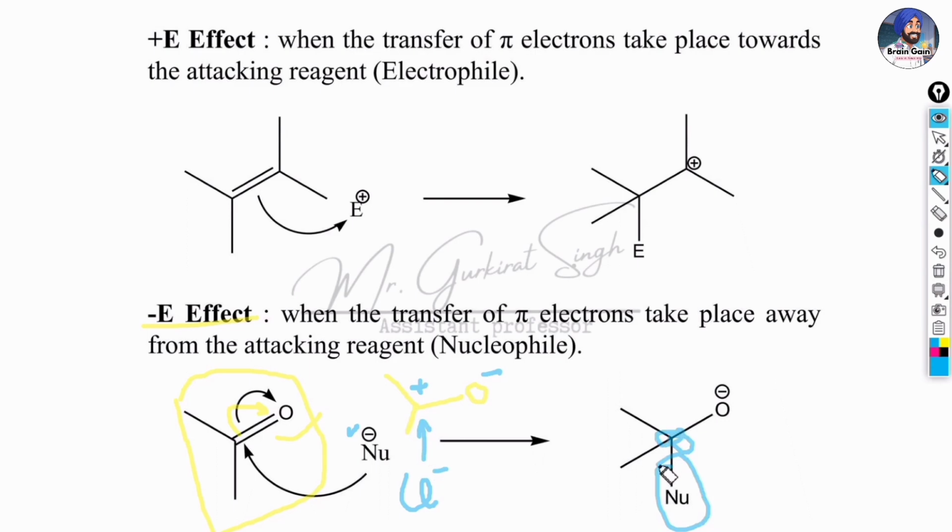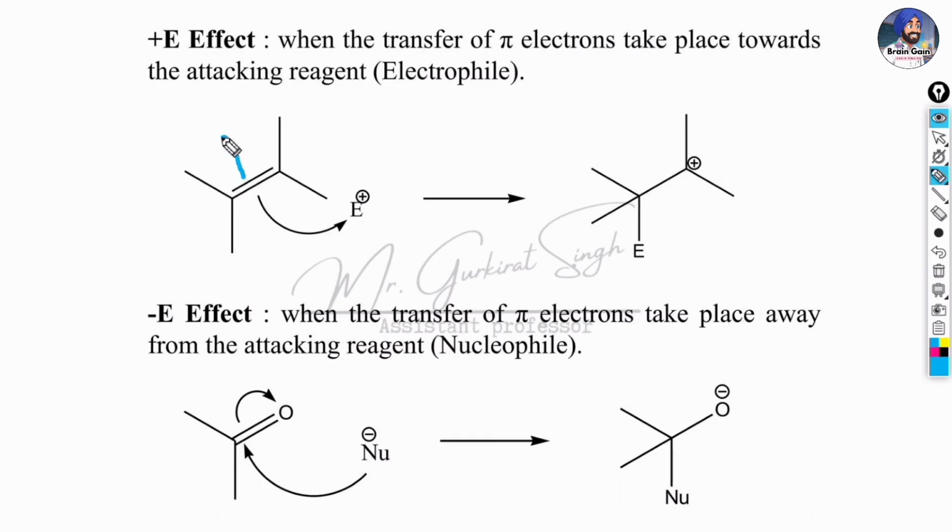We have the nucleophile attached to the carbon, due to which the pi electrons move to the oxygen. The attack took place at the carbon from where the pi electrons have been shifted. So that will be my minus E effect or negative E effect.